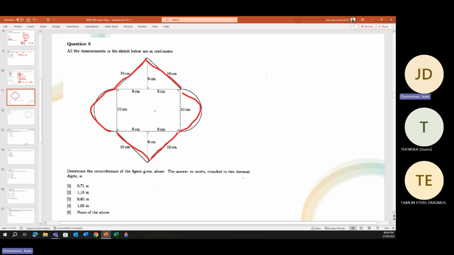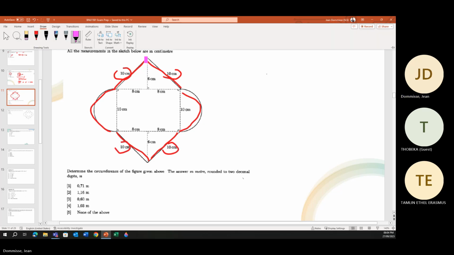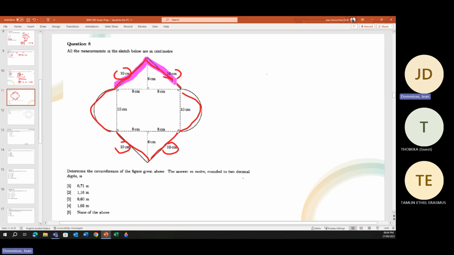So the easiest one nearly is to say, okay, well, I've got a 10 there, I've got a 10, so here's a 10, there's a 10. So if I look at that part and that part, and that, then at least we already know that is 40 centimeter. Okay, so if I look at my answer set, anything of those can still be possible.